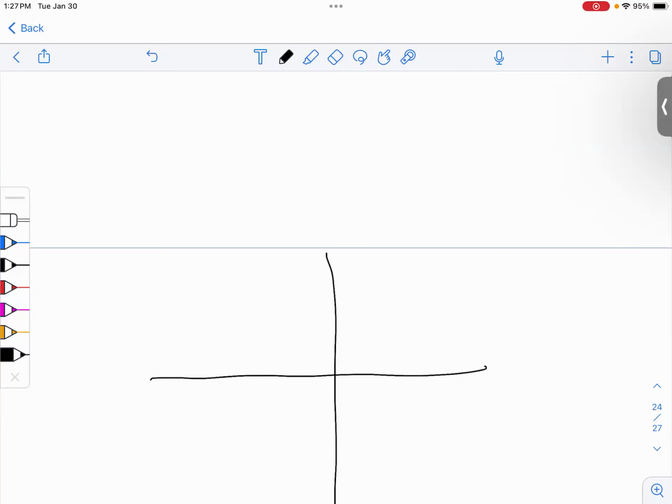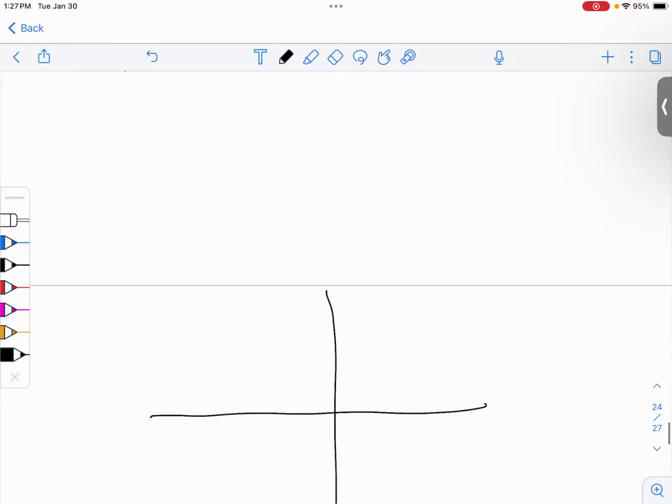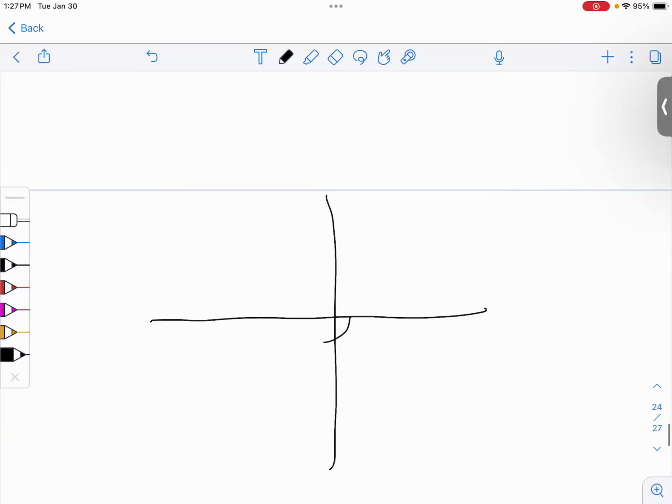How many radians is that? Pi. And that's bigger than that, so I'm definitely at least this far. And then pi plus pi over 2, aka 90, is how much?